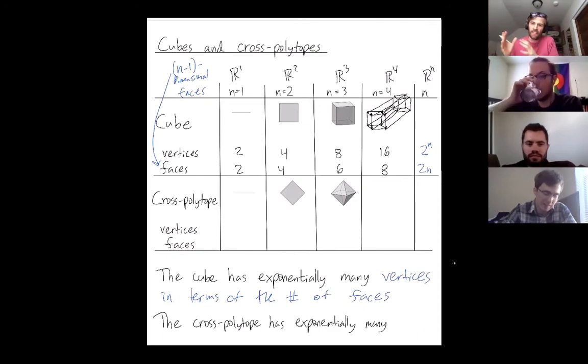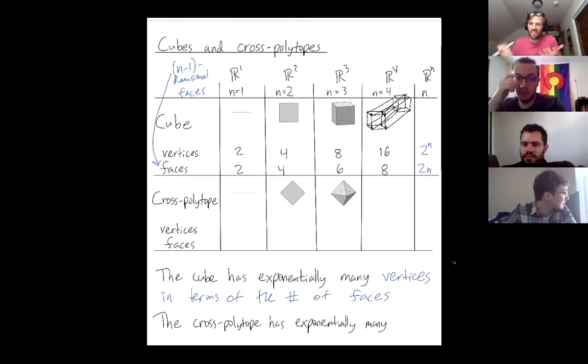This is why it's not easy to go from a polytope described as half spaces to one described as the convex hull of vertices, right? Because you might have exponentially many vertices in terms of the number of faces, right? So you're not going to expect a polynomial time algorithm because the input might be linear in n, but the output is exponential in n. Do you see that?